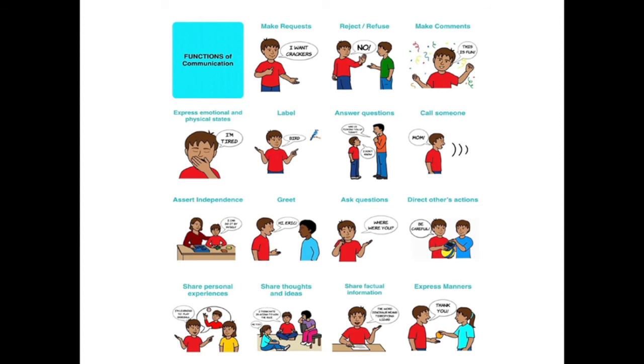But doing this will only limit the language skills of the AAC user. So it's important that we teach them a variety of different functions to communicate. We want them to be able to ask questions, greet, label items, share information, etc.